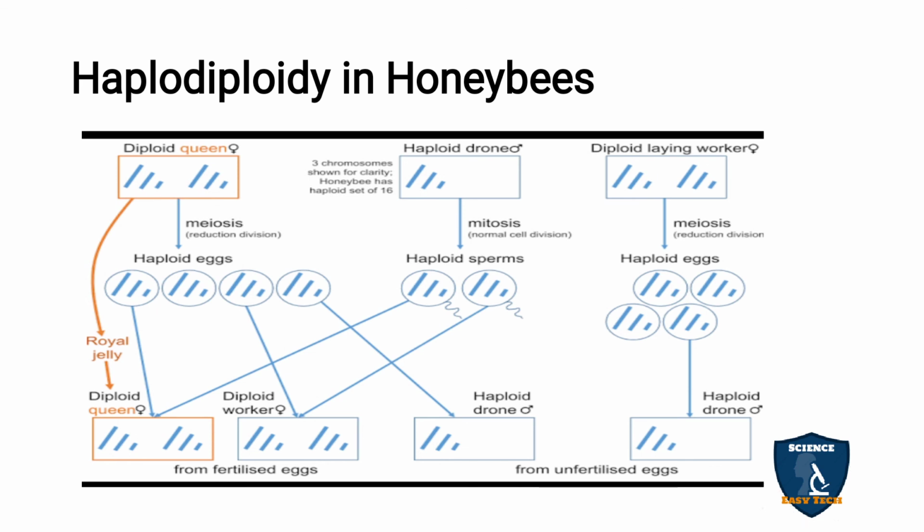But the haploid eggs that don't have any contact with sperms become the drones, that means males.